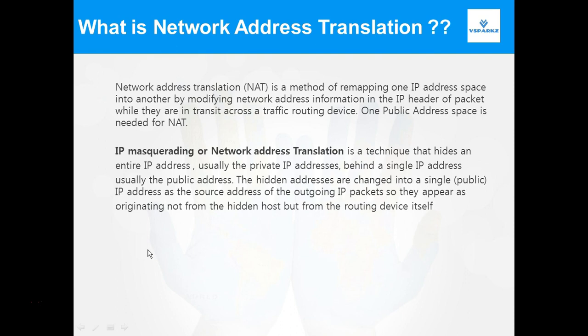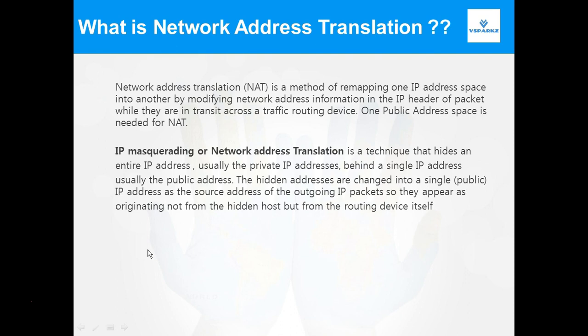Let us first discuss what is NAT. NAT stands for Network Address Translation. That is a method of mapping one IP address into another. This translation is done by the routing or NAT device.